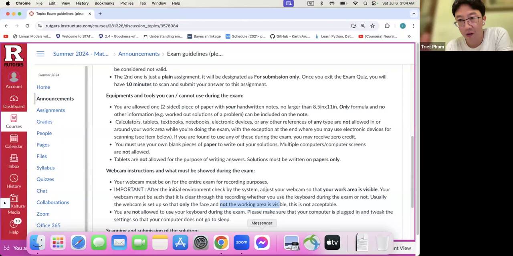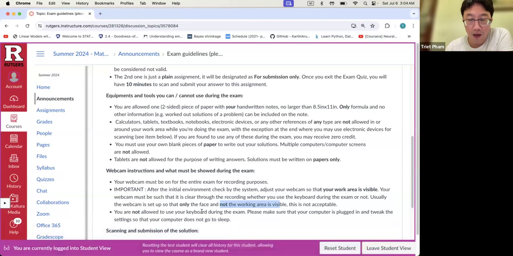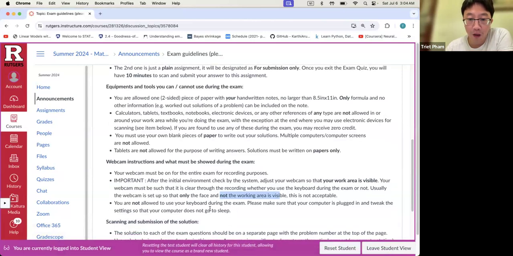So clearly, no cheating can happen that way. But if we can only see your face, then who knows what you're accessing at that time. Is that okay? On a second computer, whatever. So that's very important. You must show your working area during the entire exam.